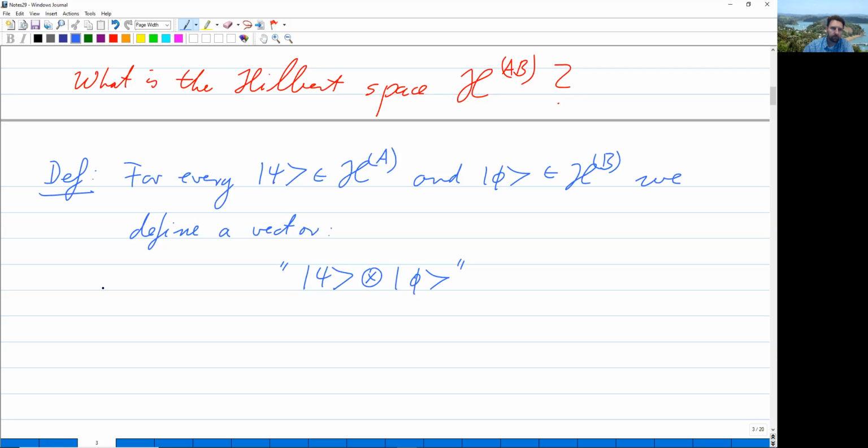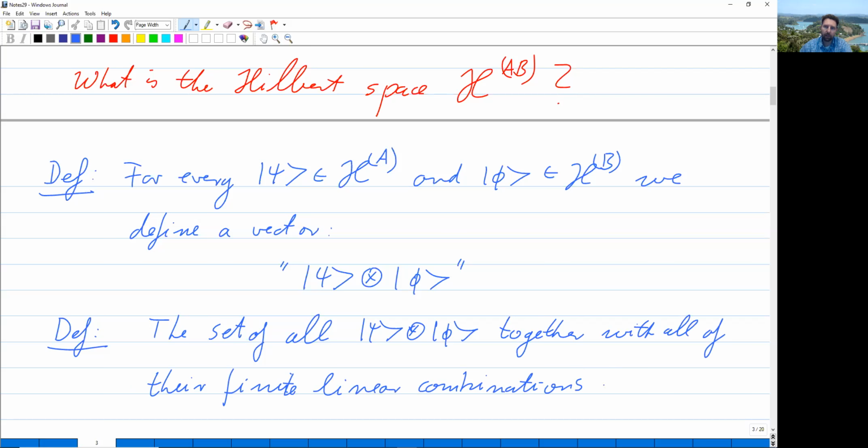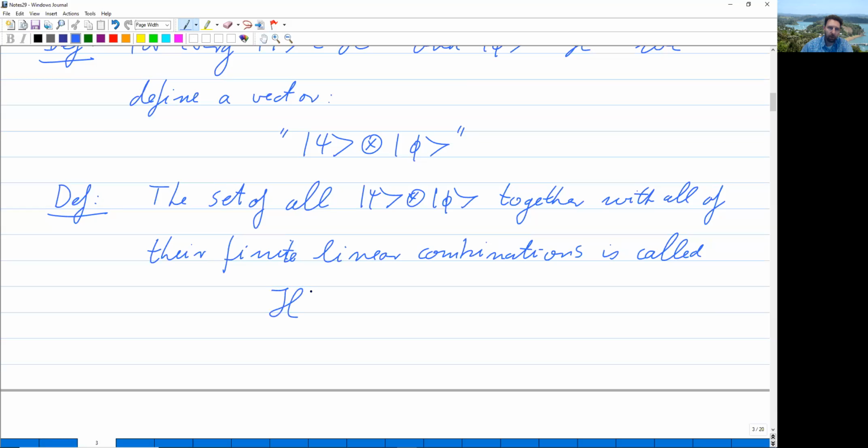But not only those. The definition is that the set of all psi tensor phi, together with all of their finite linear combinations, is what we will call HAB, which is called HA tensor HB.